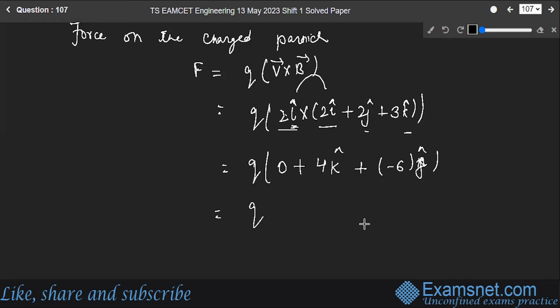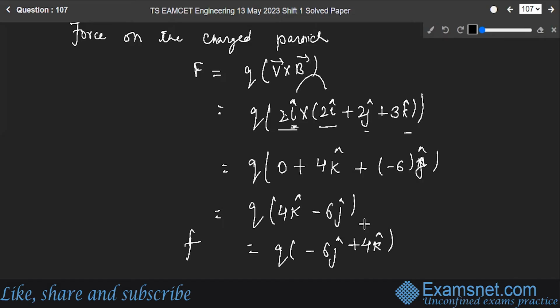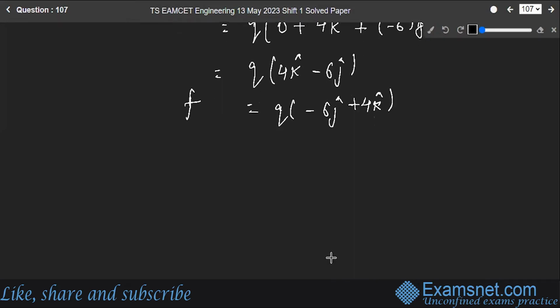And let's write it properly again. You have 4k minus 6j, or this. Right. This is your force, and this is the right answer. Now, from the above expression of force, it is clear that the charge will experience a force in YZ direction because X is missing over here.